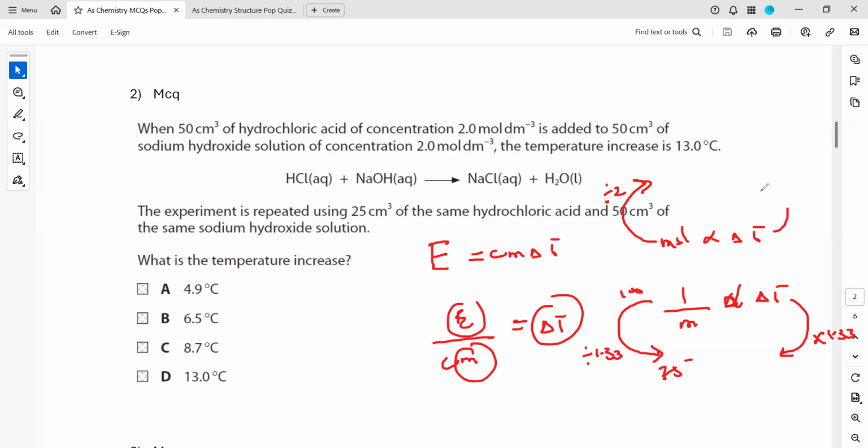They have a direct relation, so if the moles become half, the temperature change should be half. So the temperature change because of the change in moles should be divided, and because of the change in mass or volume of the solution, it should be multiplied. That's how we worked it out. Is it clear?